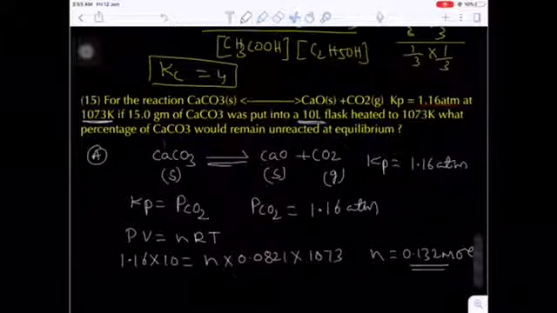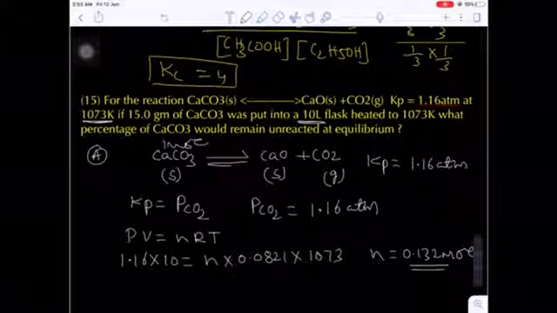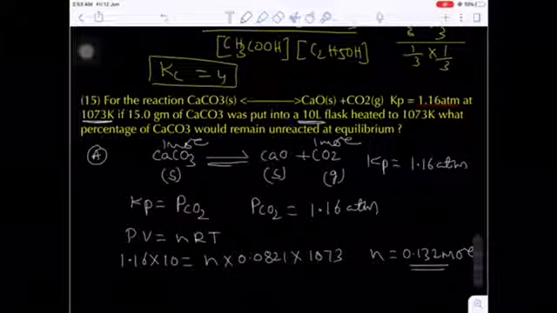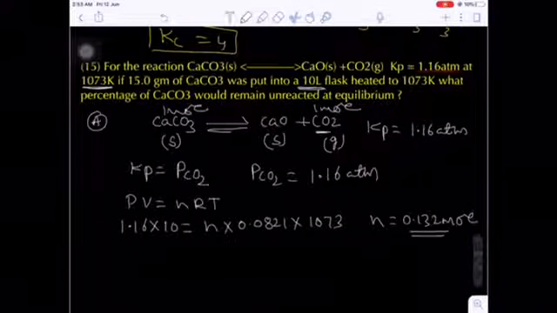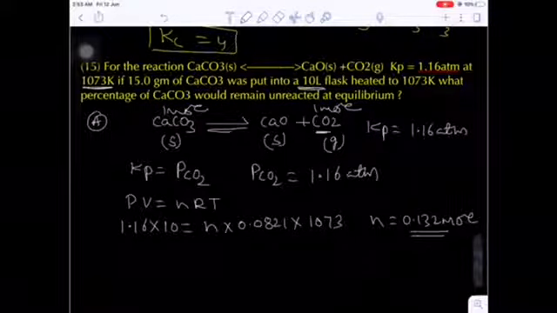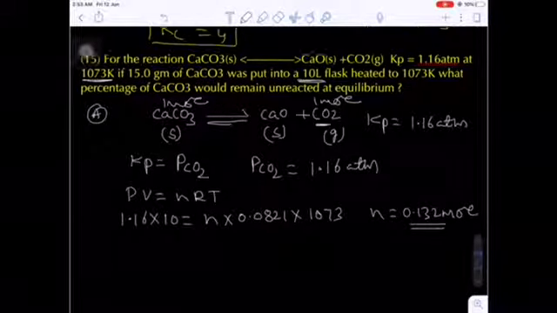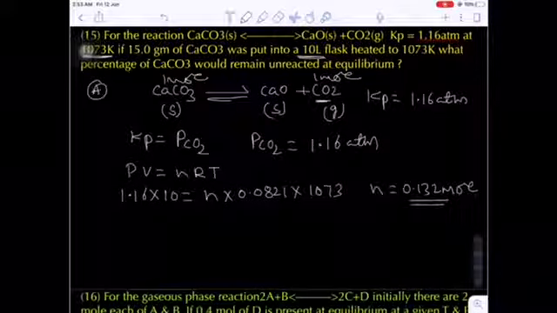That means this much of CaCO3 will be decomposed, because 1 mole of CaCO3 when decomposed gives 1 mole of CO2. If 1 mole of CO2 is there, that means 1 mole of CaCO3 will be decomposed. Similarly, 0.132 moles of CO2 will be formed, meaning 0.132 moles of CaCO3 should decompose at equilibrium.